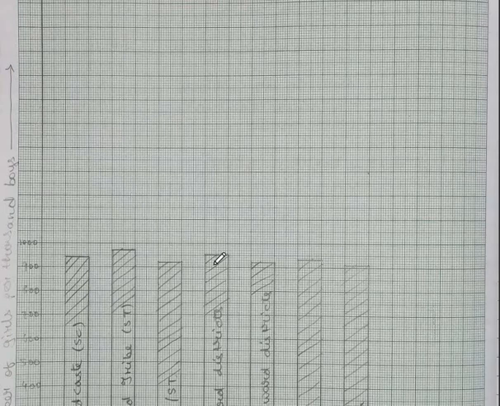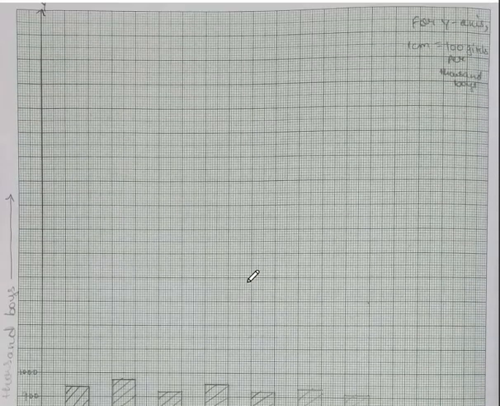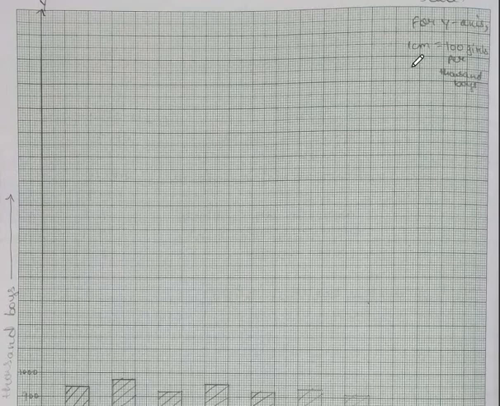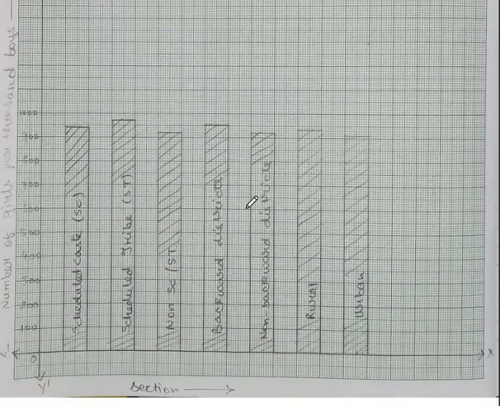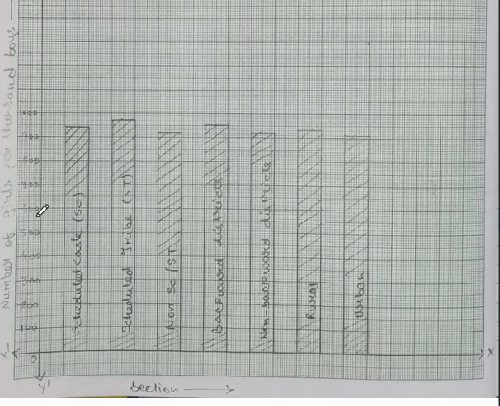Since here all the numbers are 900 above, the scale you can take is 1 centimeter for the y-axis. Obviously, whenever you are drawing the bar graph, the scale comes only for the y-axis, not for the x-axis. So 1 centimeter equals 100 girls per 1000 boys. That's why just above the origin, I have taken 100, 200, 300, 400, 500, 600, 700, 800, 900, 1000.